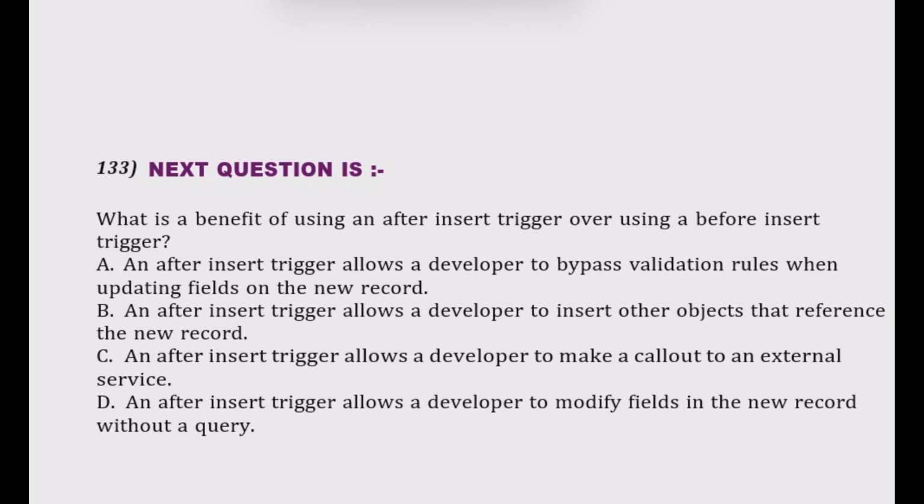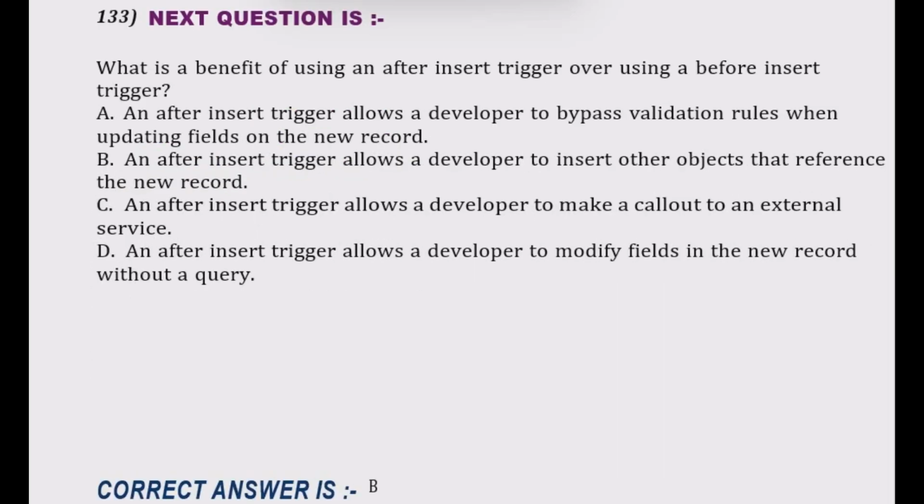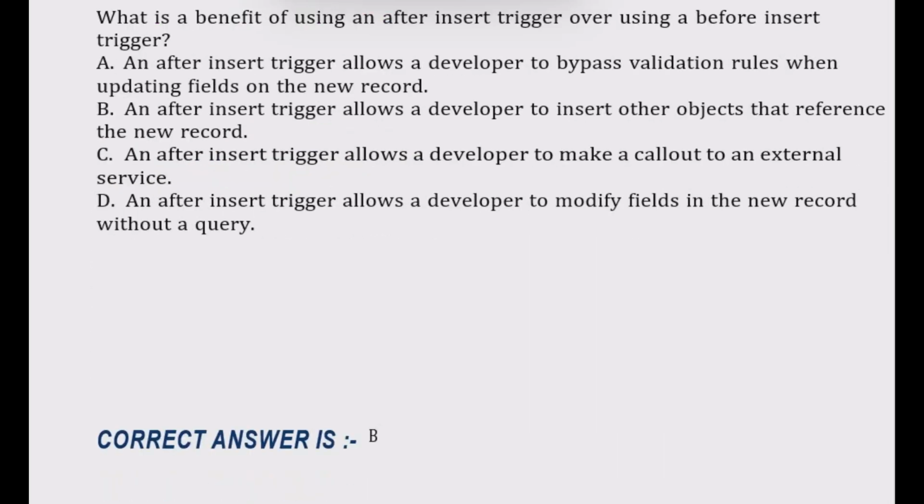Option C, an after insert trigger allows a developer to make a callout to an external service. Option D, an after insert trigger allows a developer to modify fields in the new record without a query. Correct answer is option B.